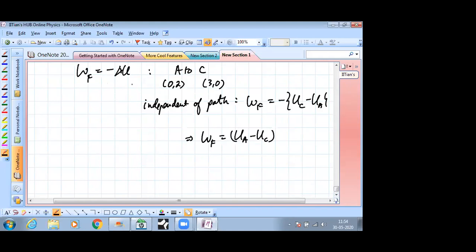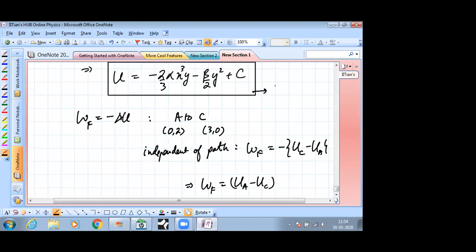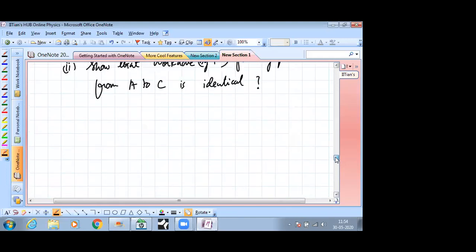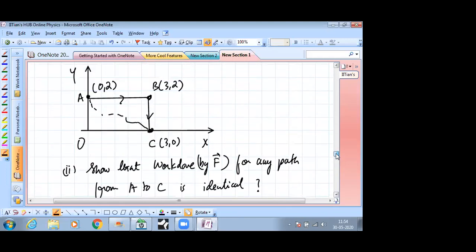From that potential energy function, the potential energy at the point C, which is 3, 0, I think the coordinates are fine.